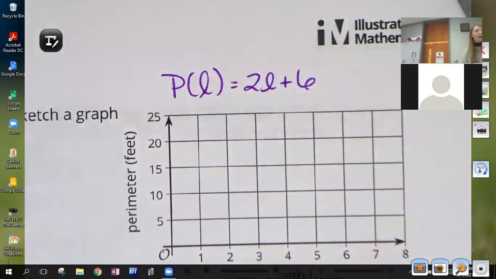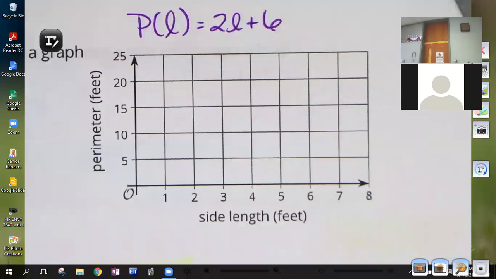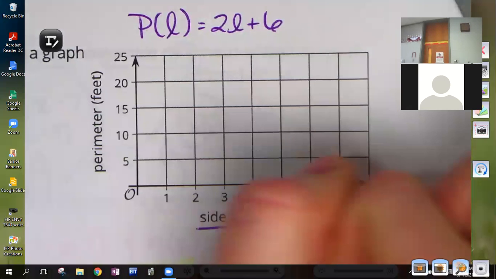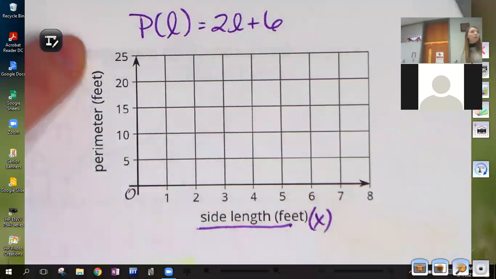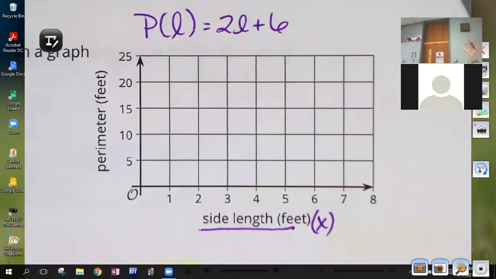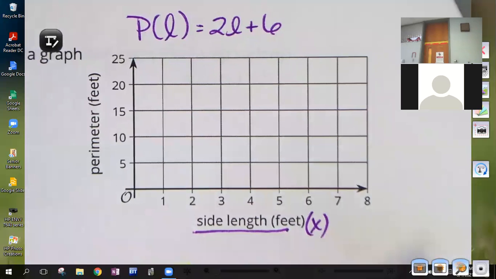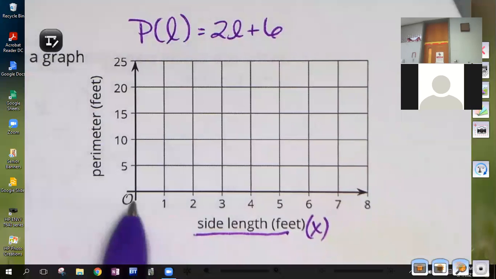Okay, so let's graph it. Our input, once again, is our side length. So I'm just going to use all of these values that they already have in order to calculate my perimeter. Now I want you to think about this one before you shout the answer, because this time we have a side length of 0.